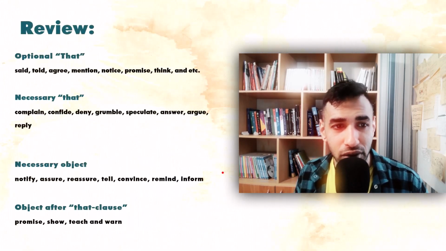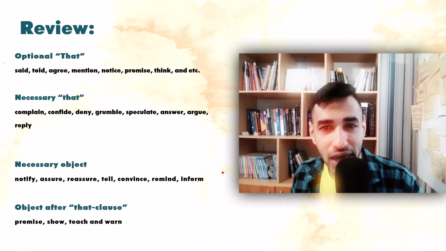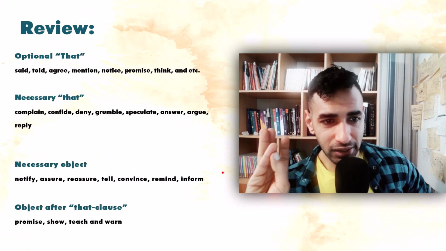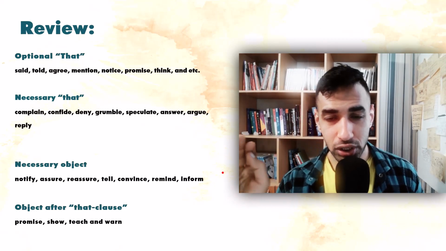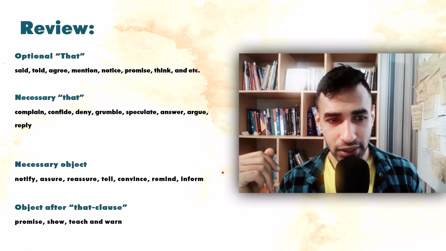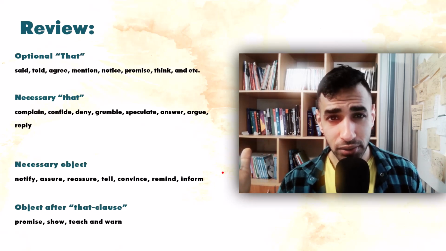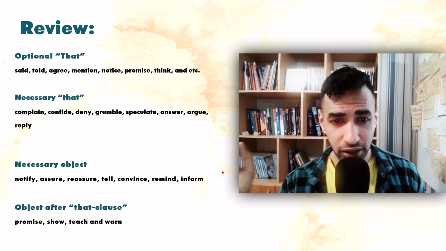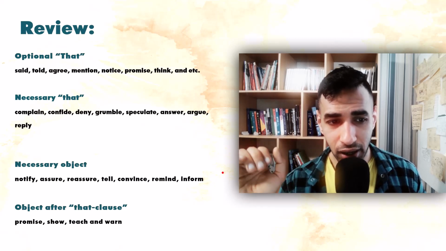Now let's do a review. Optional that with these verbs: said, told, agree, mention, notice, promise, think. Necessary that with not so common reporting verbs: complain, confide, deny, grumble, speculate, answer, argue, reply.